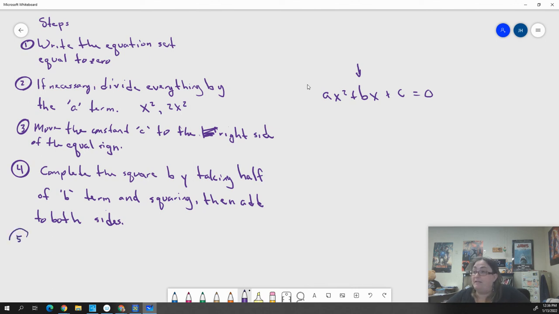Once we've done that, we're going to factor, because what we get are these perfect square trinomials, and we're going to factor and solve. Now, seems like a lot of steps. They happen quickly.